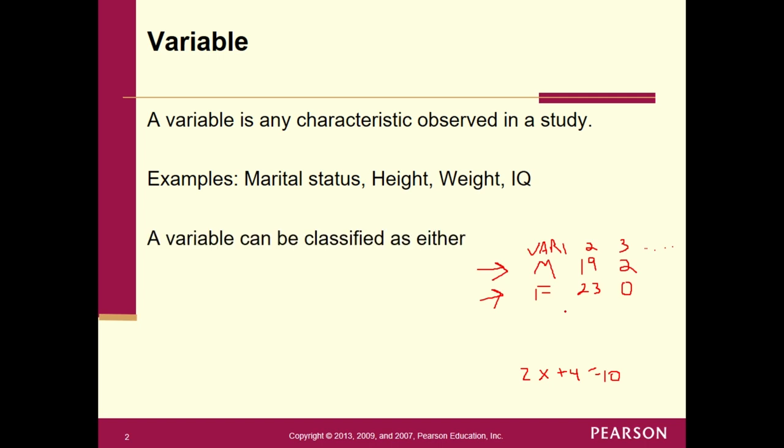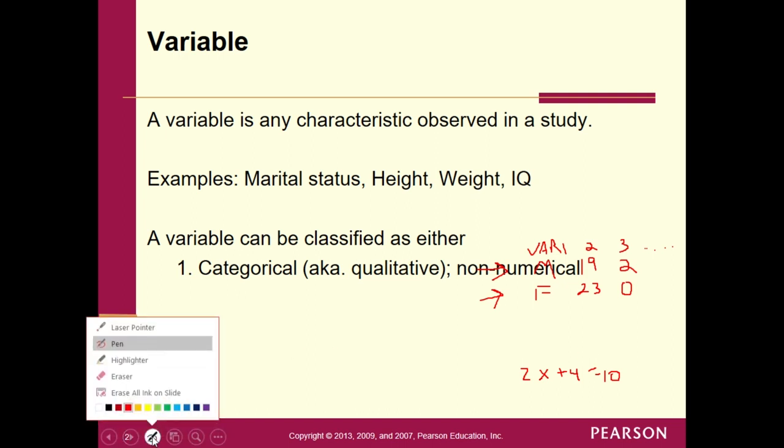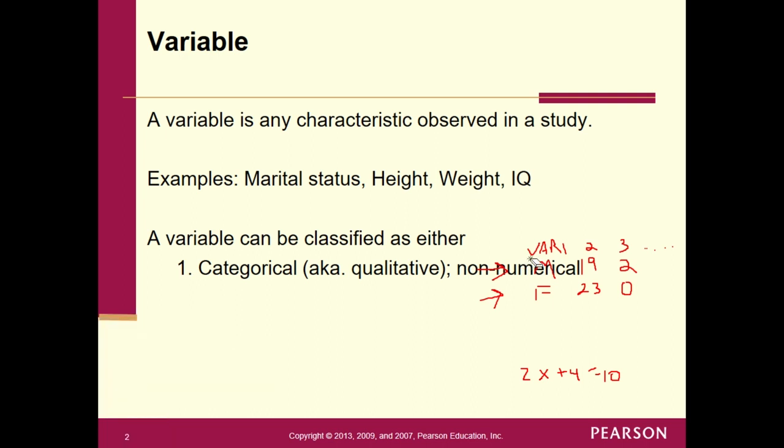So, a variable can be classified as either categorical. Oh, I sort of made a boo-boo here. That's all right. We'll get the eraser out, and there we go. So variables can be classified as either categorical. Now that's what the book calls it.